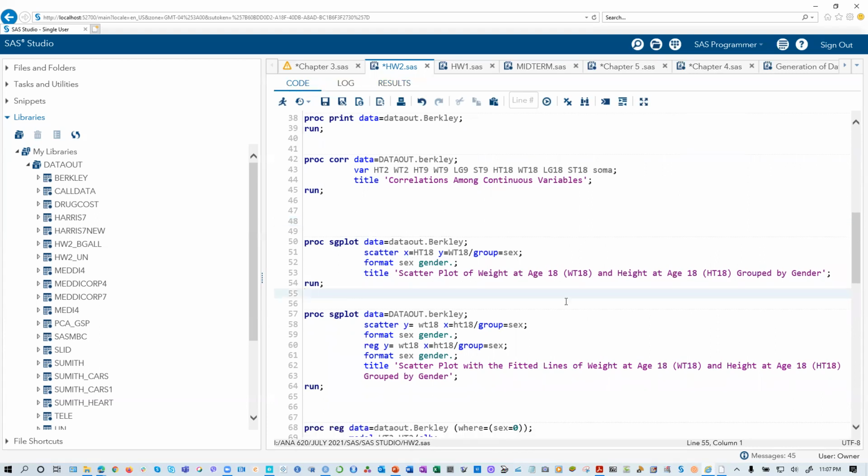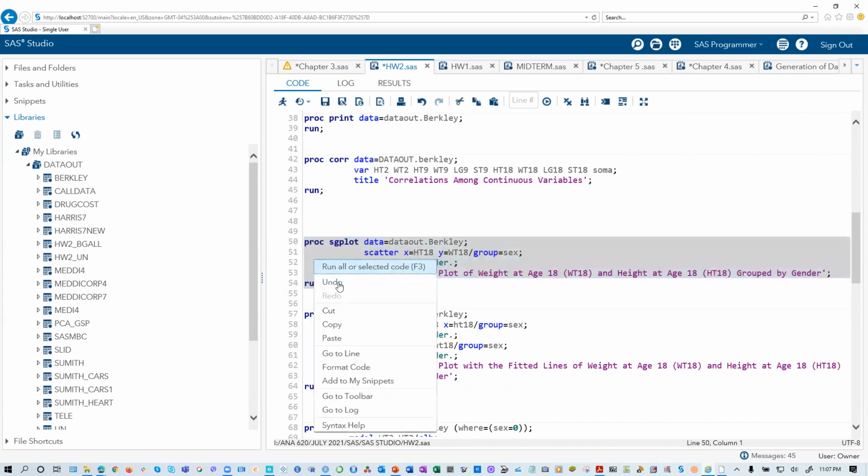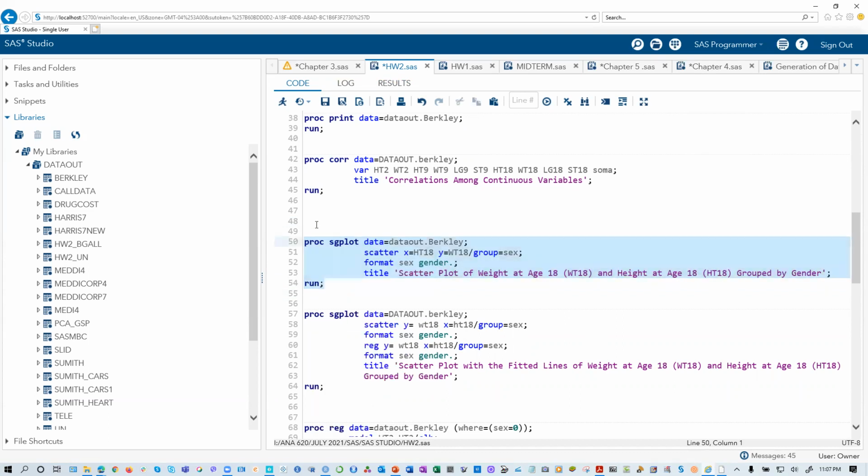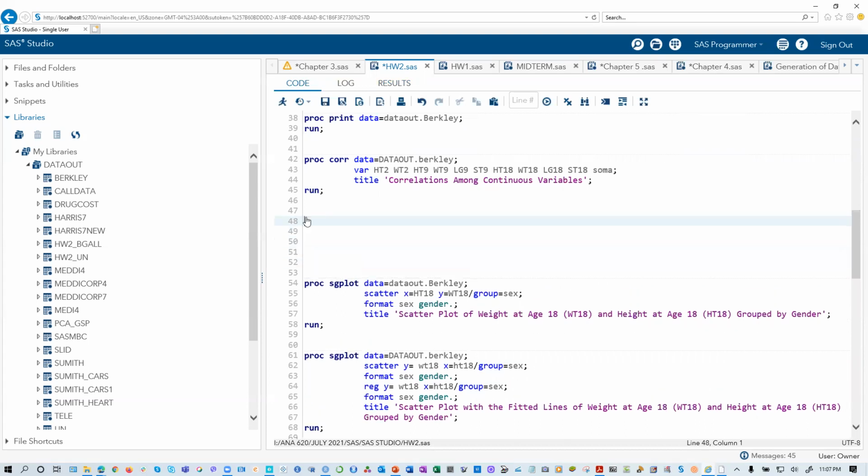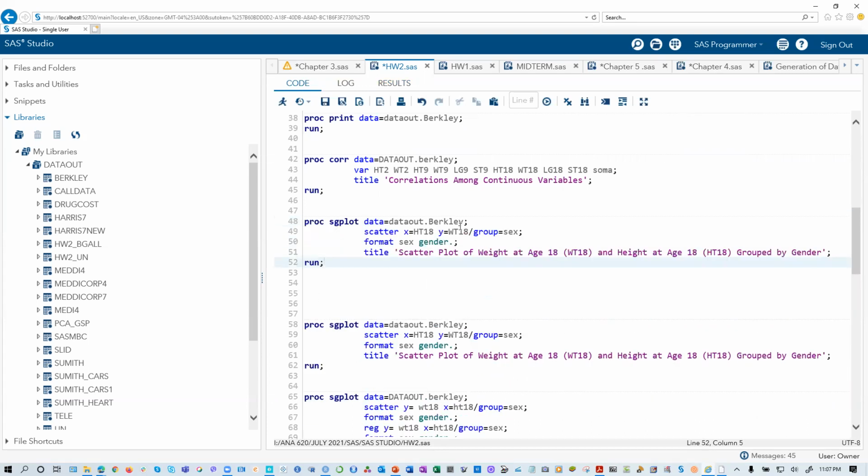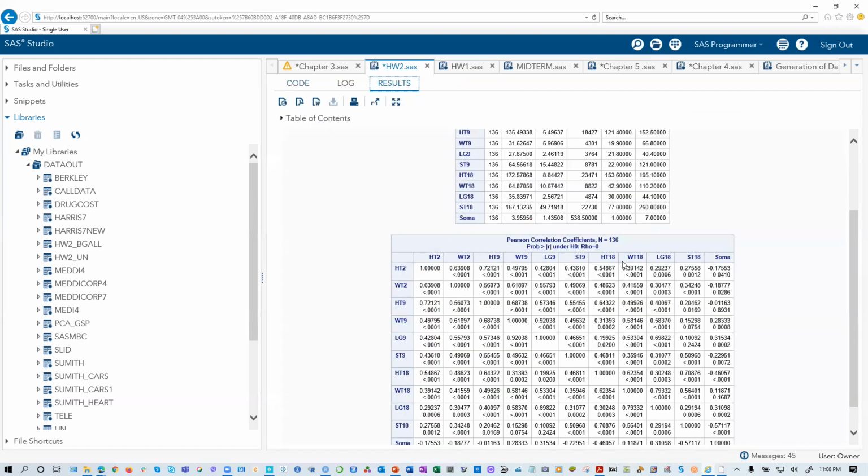If you pick height group by gender, you can pick this one. Since I already have this one, ST18. I see ST18 with the weight, at the age of 18, strength. LG18 has a 0.7933.